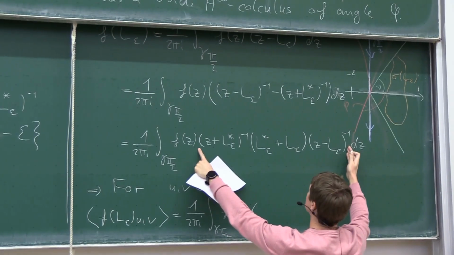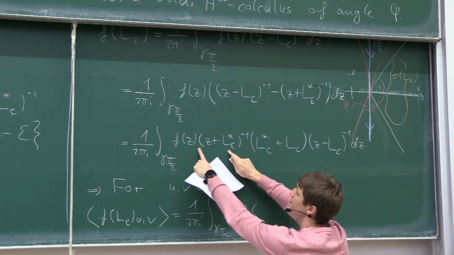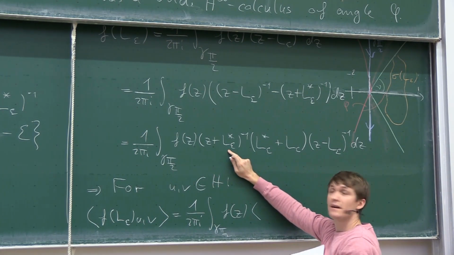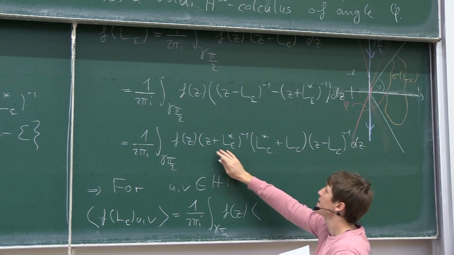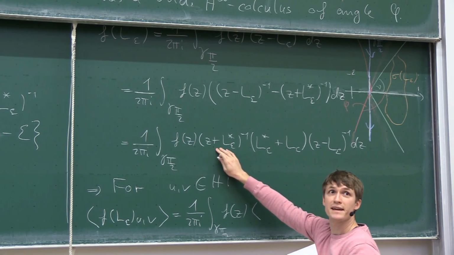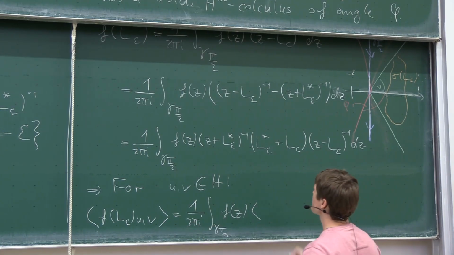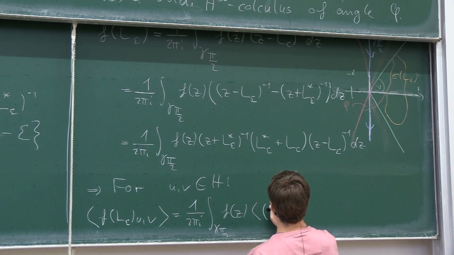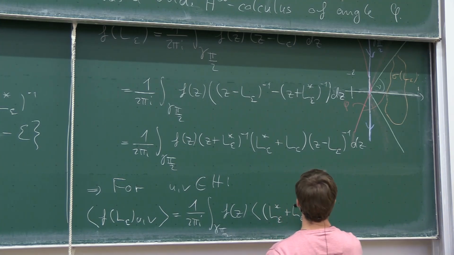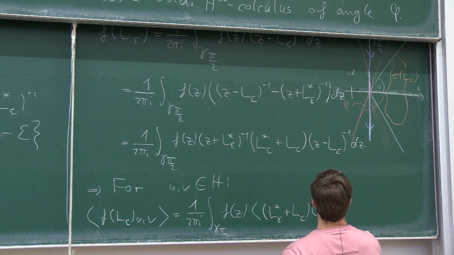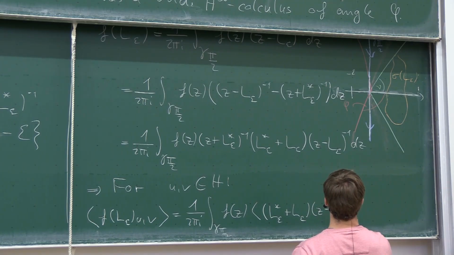Okay, and then if we have an inner product, we can use the definition of an adjoint operator and move this operator to the right-hand side. So we apply this here to the function v. So we get here L_ε* plus L_ε multiplied by the resolvent of L_ε.